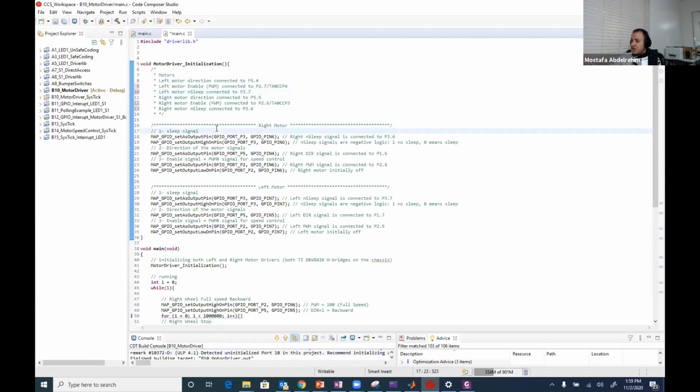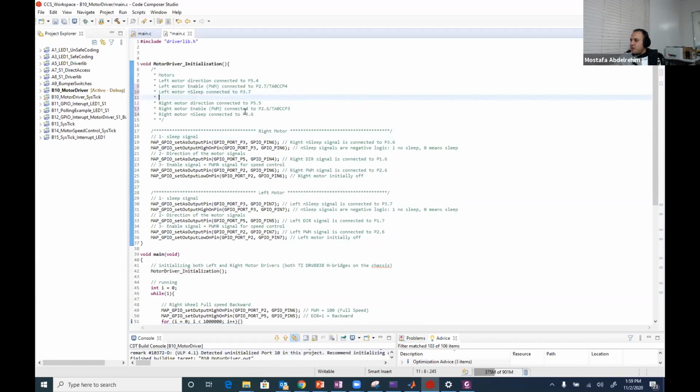So these are for the right motor. This is the initialization step. For the right motor, we need 3 bins: 3.6, 2.6, and 5.5.